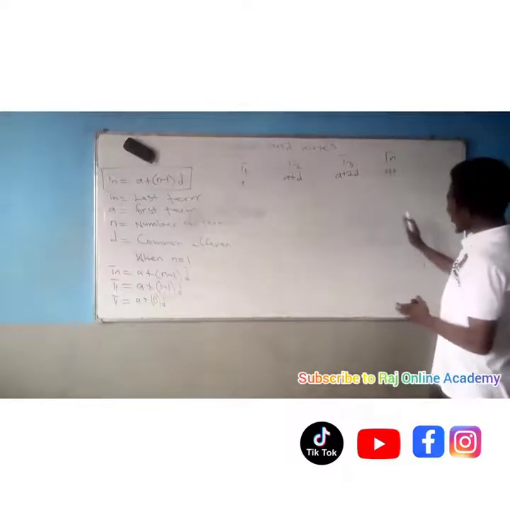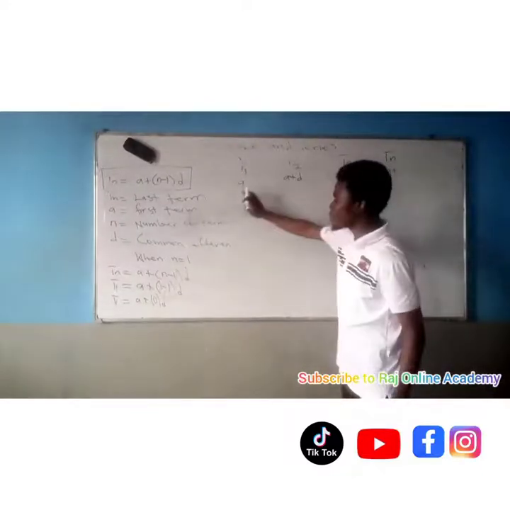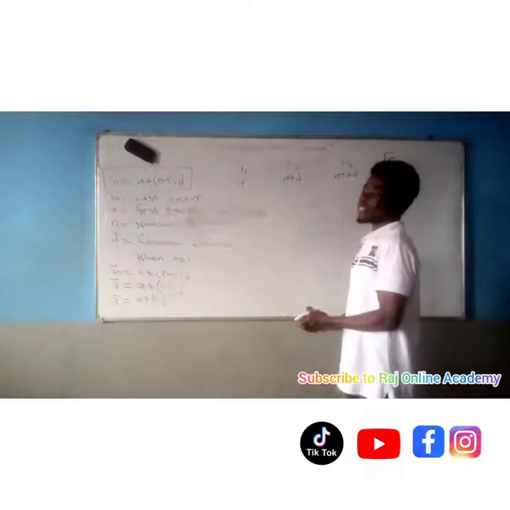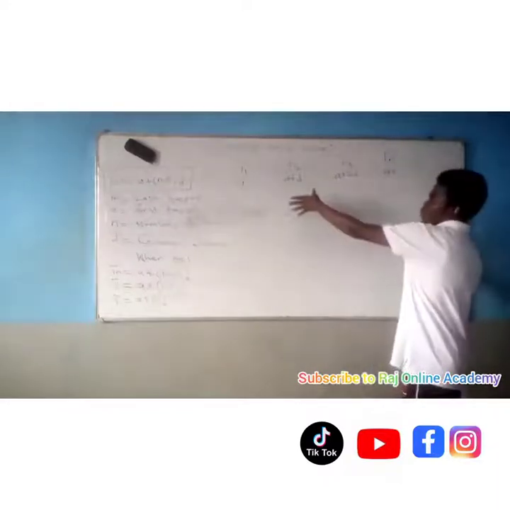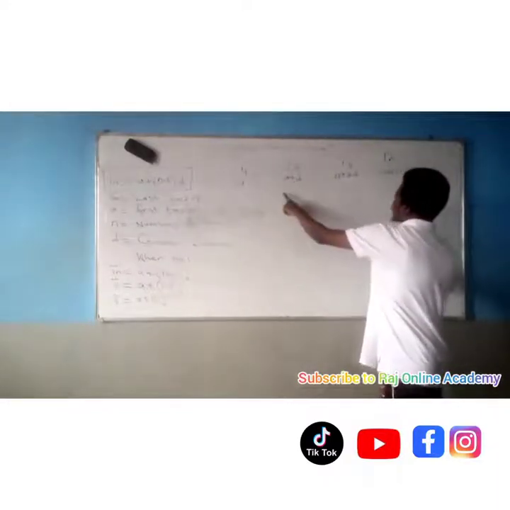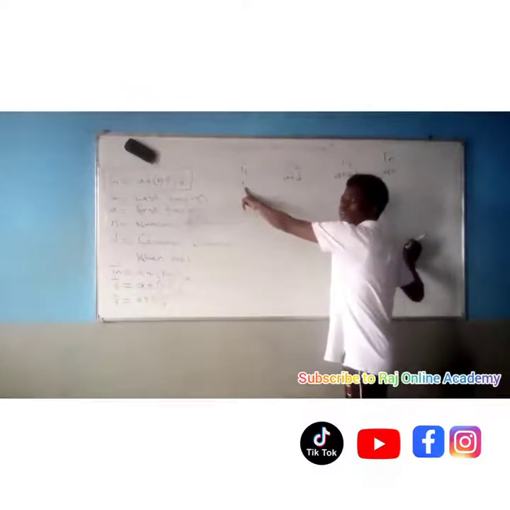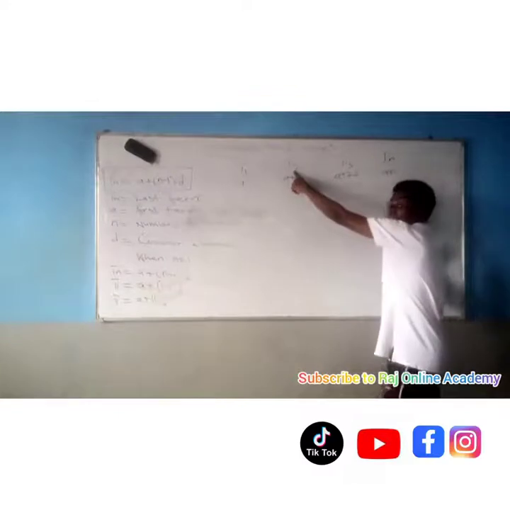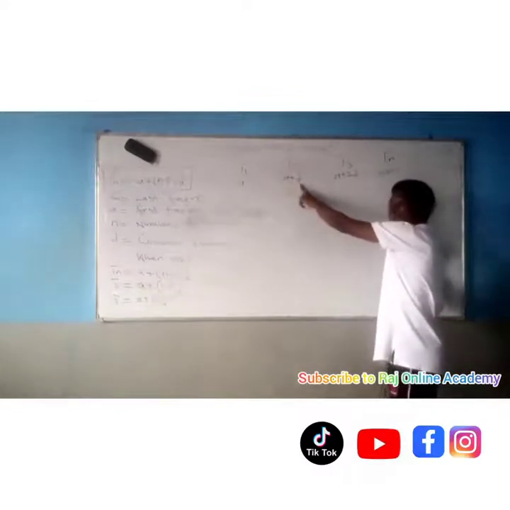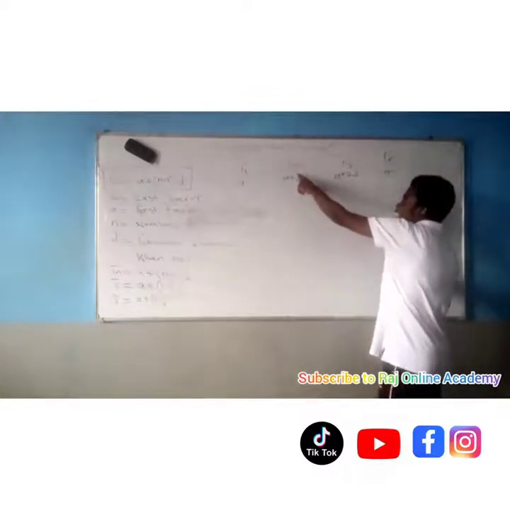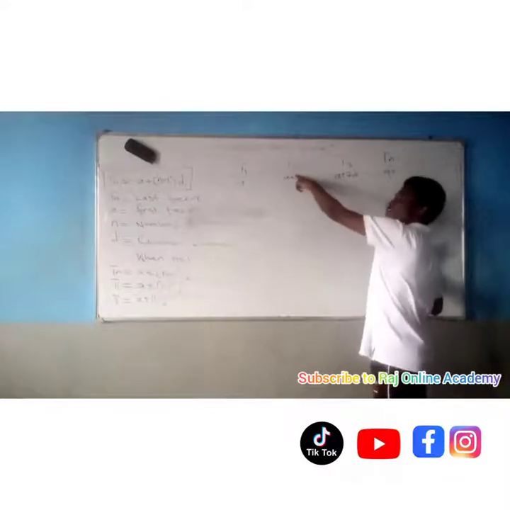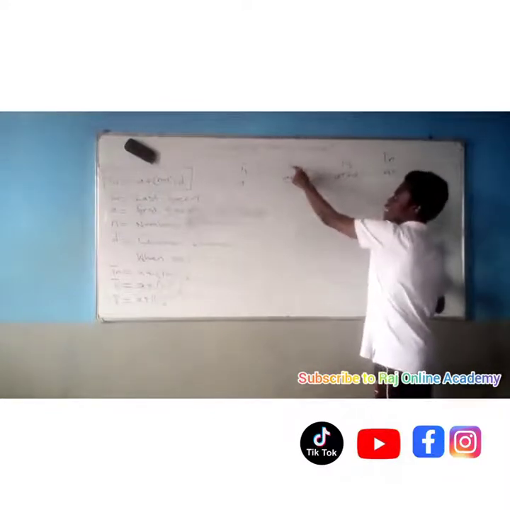Why do we say A plus? Because all of these terms have the expression. Looking at the expression, we have the first term, and for the common difference we have nothing. Here we have the second term, T2, and for the common difference we have only one. It means the common difference is 1 less than the term.